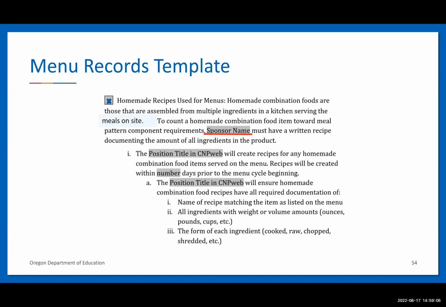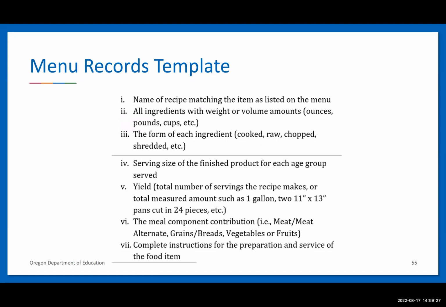Alternatively, if your organization is a multi-site sponsor and uses a central location for making meals, this would be meals at multiple sites. Next, identify the position that will be responsible for the creation and oversight of homemade recipes, as well as the time frame for their creation. Note that there is a complete list on the template of all the items that must be included on a homemade recipe.